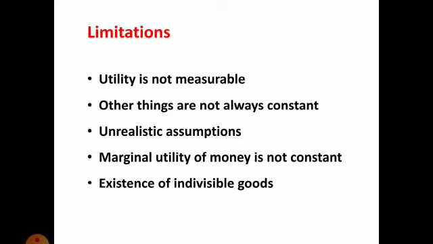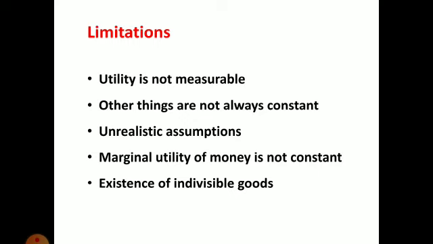And the next is the existence of indivisible goods. The law cannot be applied in the case of bulky goods like television sets, refrigerator, vehicle, house, cars, and so on. What do we mean by this?